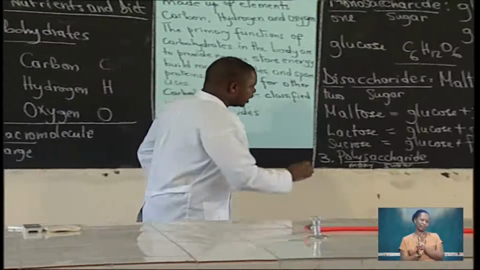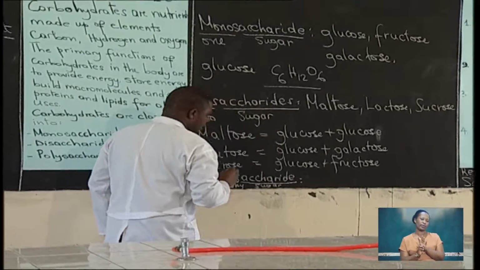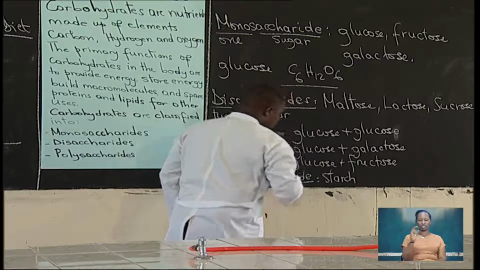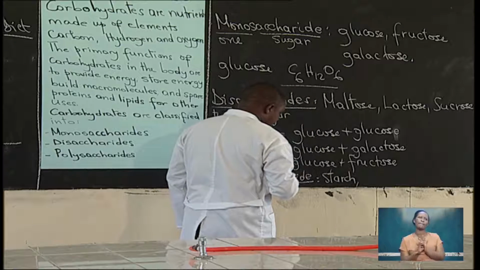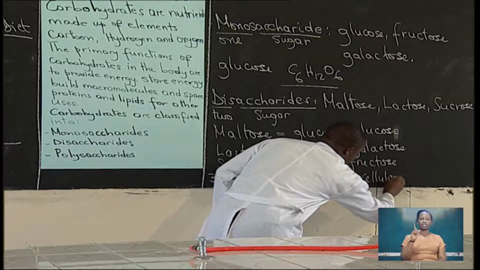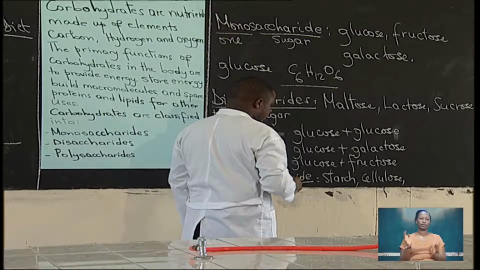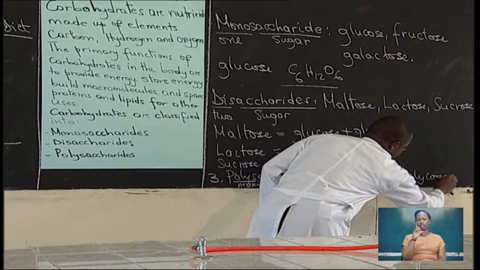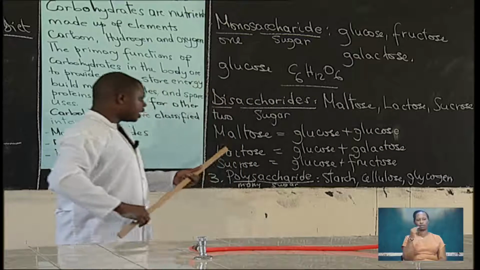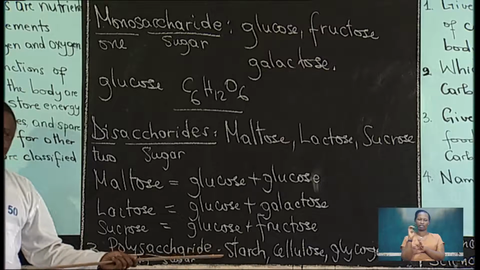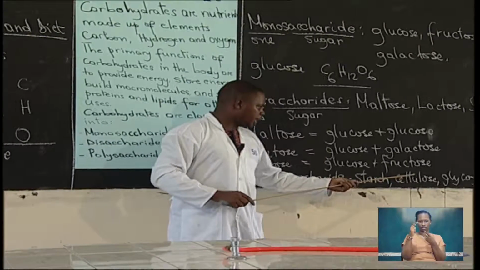Examples: we can give starch, another example is cellulose, and another example is glycogen. These are some of the examples of polysaccharide sugars. We have starch, cellulose, and glycogen.